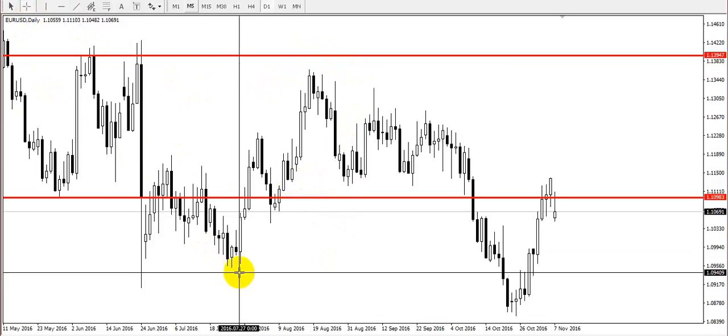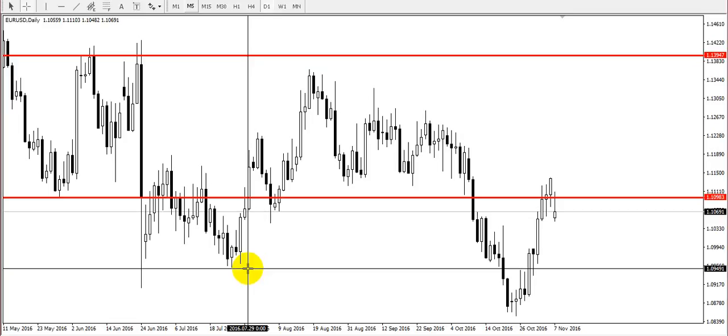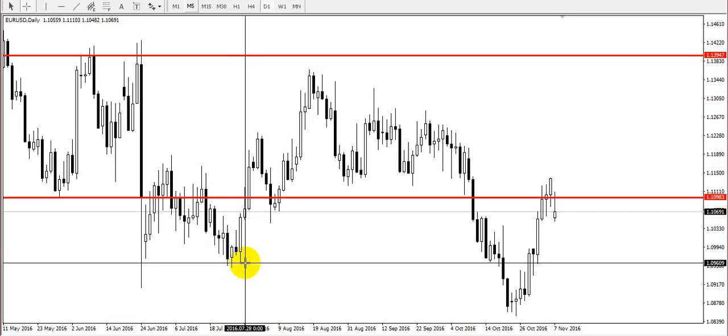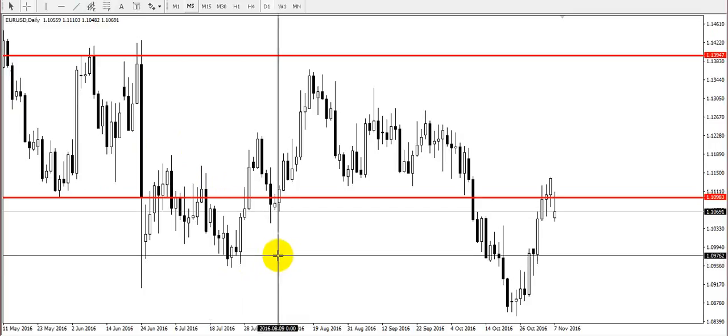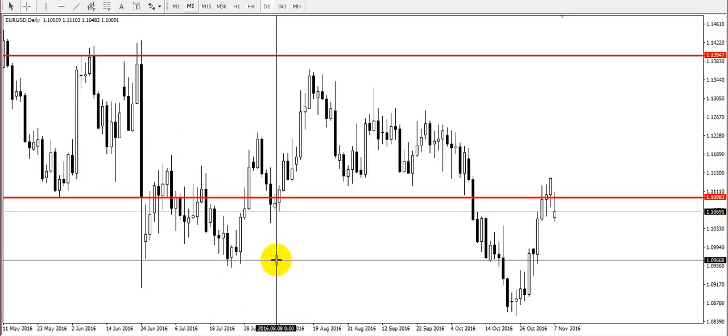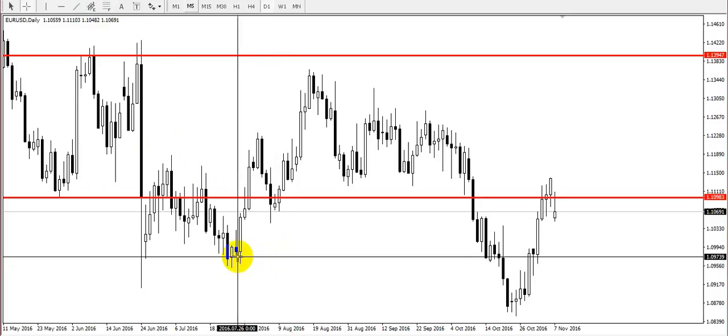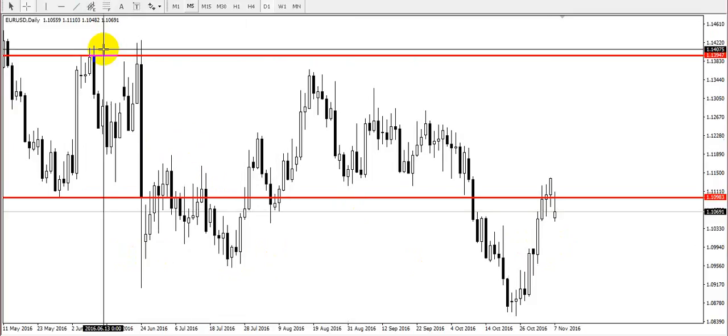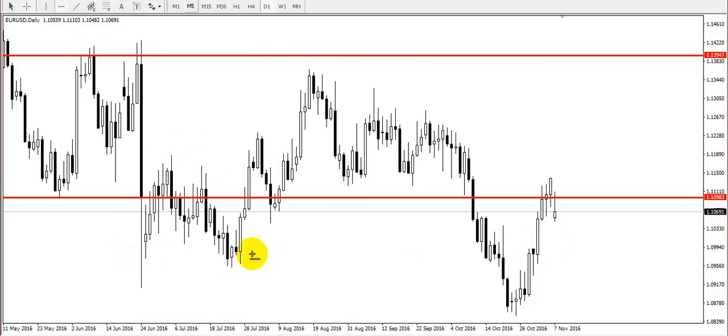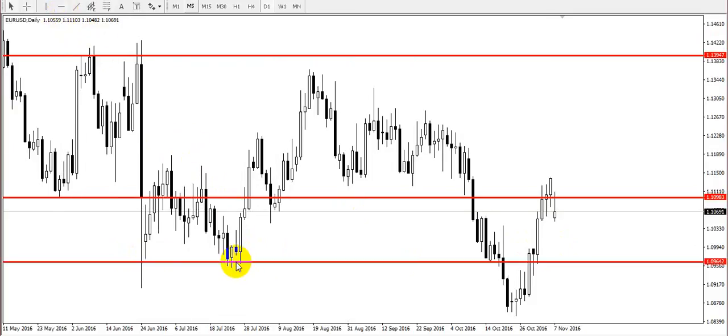I think there is still another level somewhere here. Yeah. Okay, we'll check it. As you can see, there is a rejection here, so we'll mark it out. Okay, then the final one will be at this level.